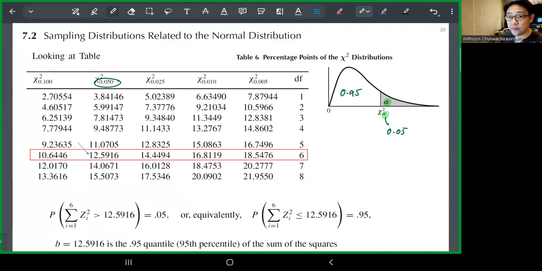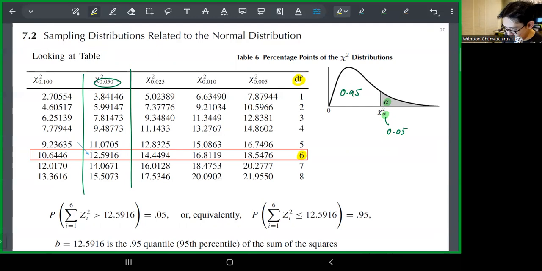With me? So you are looking at this column right here, and then you look at the degrees of freedom here. Bam, 6.